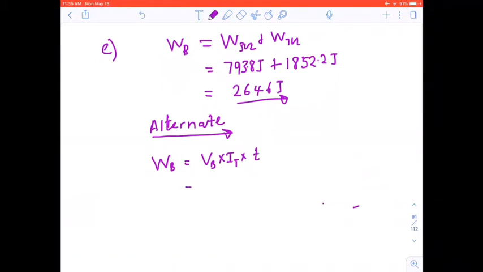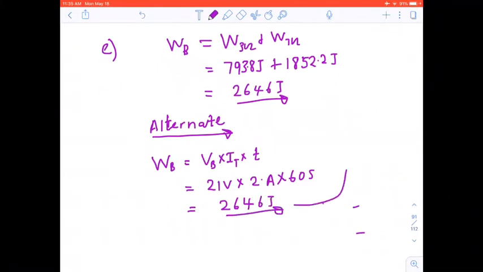So here we have total voltage of 21 volts times the current in the circuit, which we know is 2.1 amps, times the time we're looking at, which is 60 seconds, and when we multiply that, what do we get? 2646 joules, which then concurs.